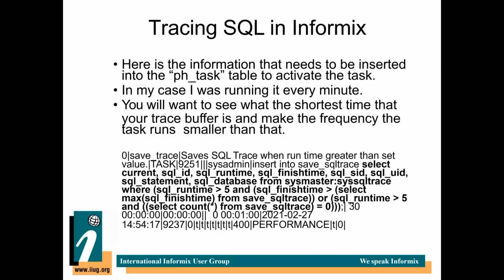Here's the information that needs to be inserted into the ph_task table to activate the task. In my case, I was running it every minute. You'll want to see what the shortest time of your trace buffer is and make the frequency the task runs smaller than that.